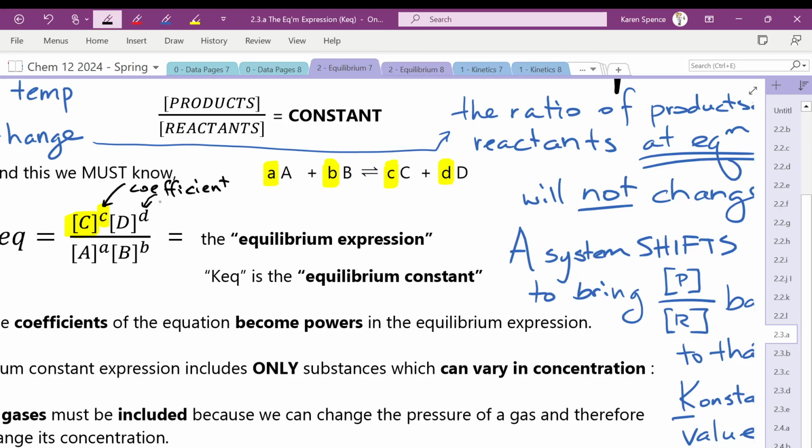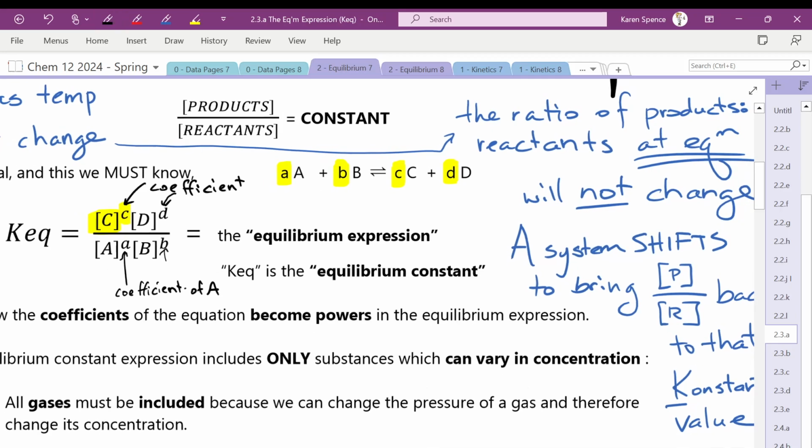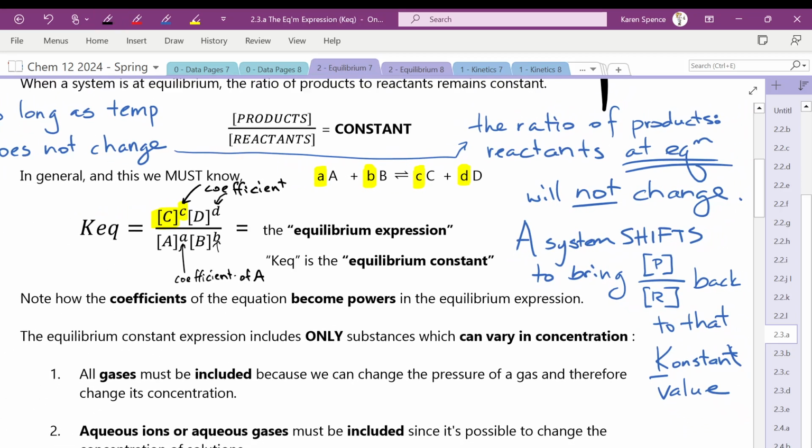It'll be nicer when it's more concrete. Then we take reactant A and raise it to the coefficient of A, and we take B and raise it to the coefficient of B. So the coefficients of the equation become the powers in the equilibrium expression.